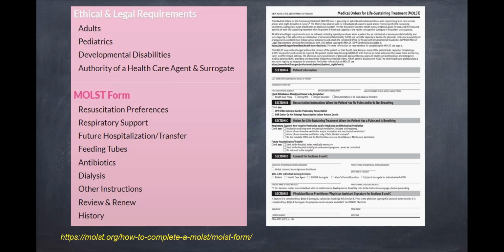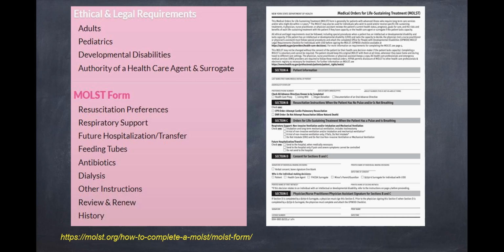For those with developmental disabilities, if they don't have any relatives or surrogate who can decide for them, two healthcare providers can make decisions for them. MOST for this one includes the following: resuscitation preferences.